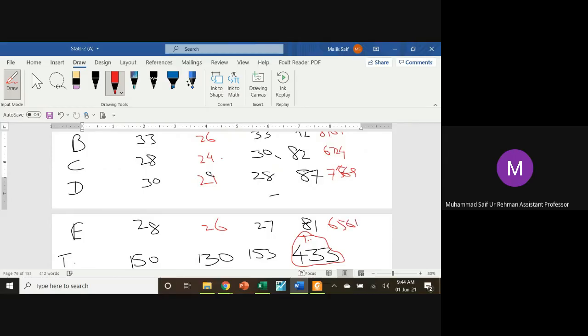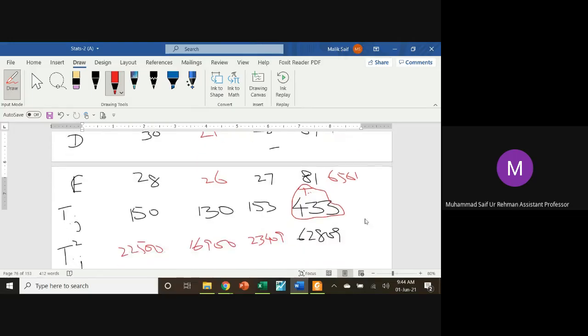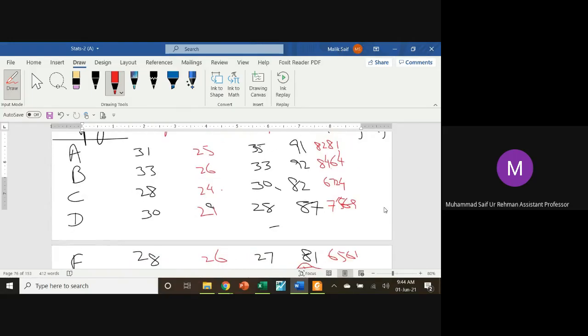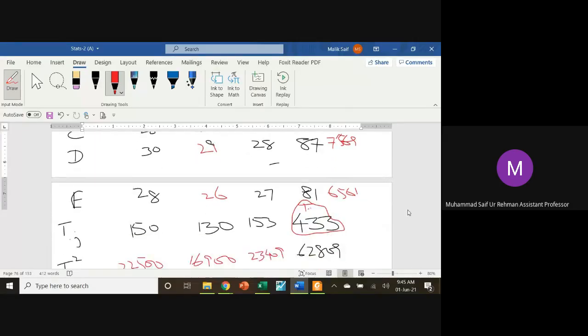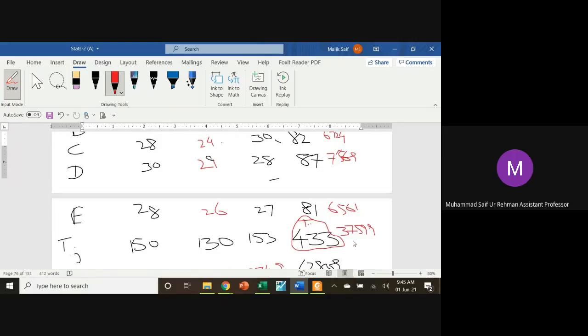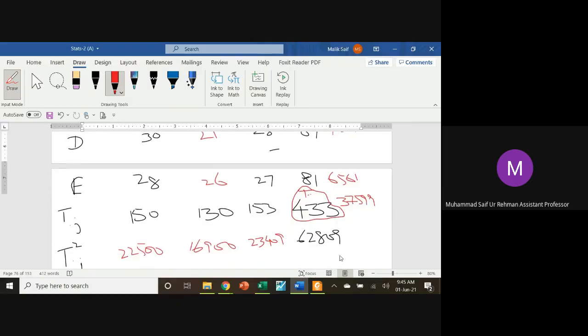Right? And now add these values and write down the answer over here. The answer is 37599. So this will be your summation Ti dot square, and this value is summation T dot j square.